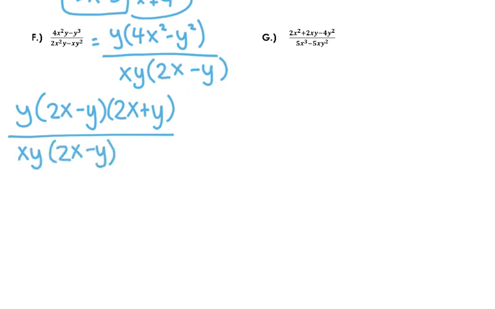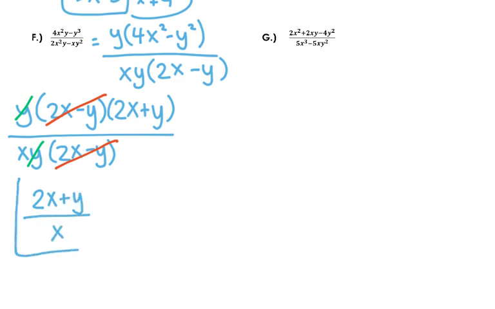2x minus y. If there is a common factor on the numerator and denominator, it will simplify further. So I noticed that there's a common factor here. I also noticed that there's a common factor here. So I'm left with 2x plus y over just x.